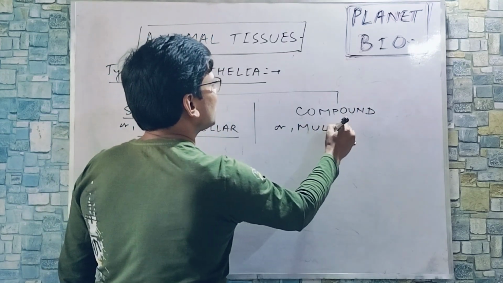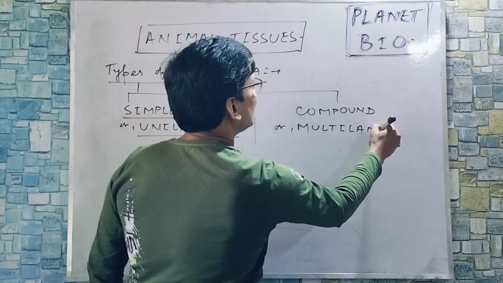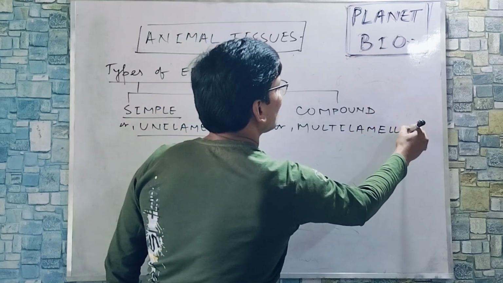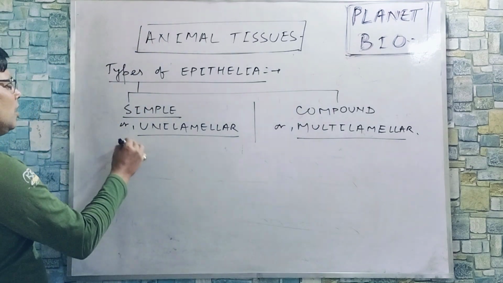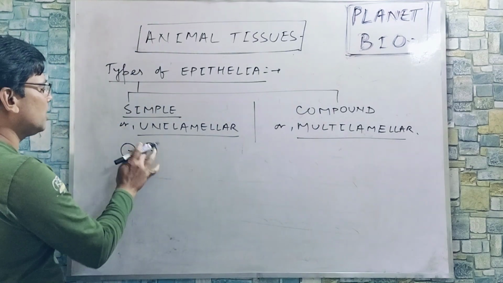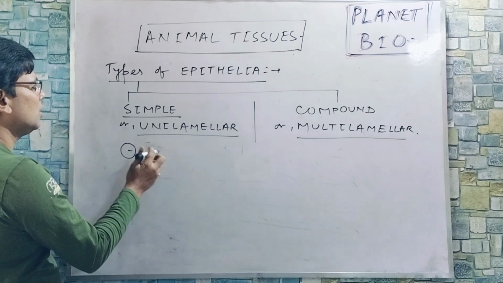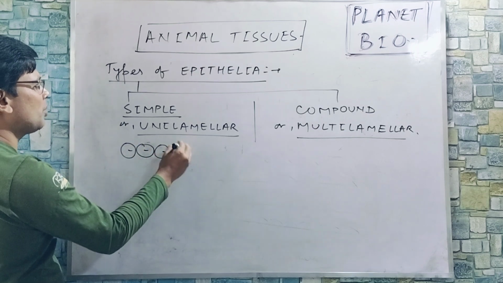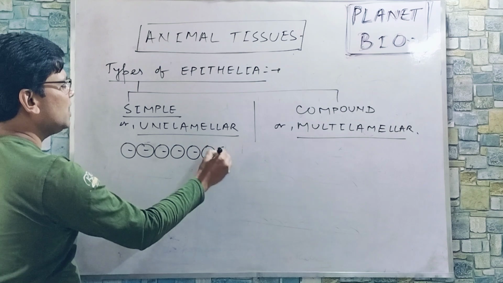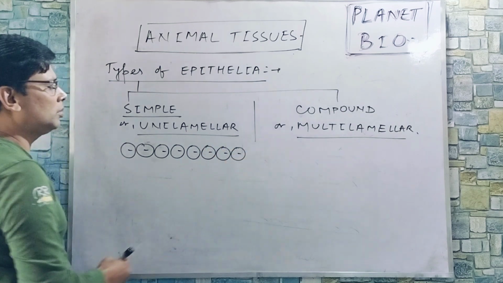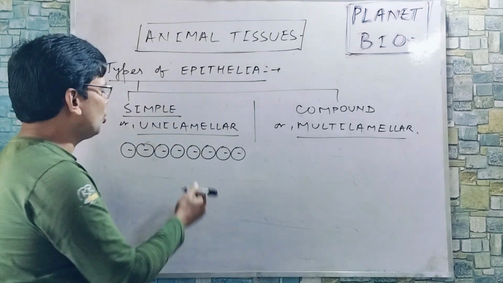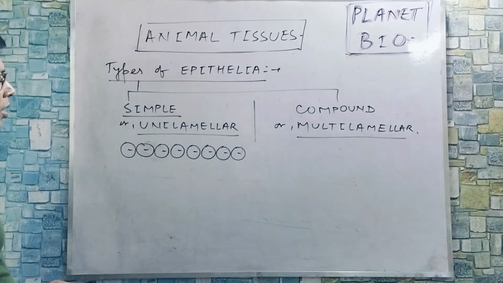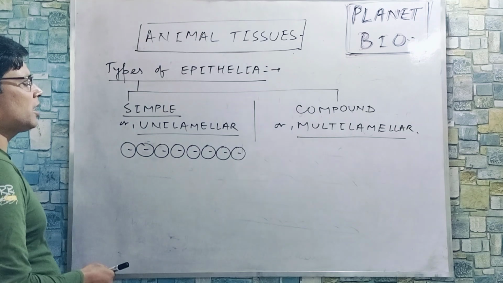Now, as the name suggests, this epithelium is present in the form of single layer, closely placed cells with least or almost no intercellular space. So with least or almost no intercellular substance or matrix.